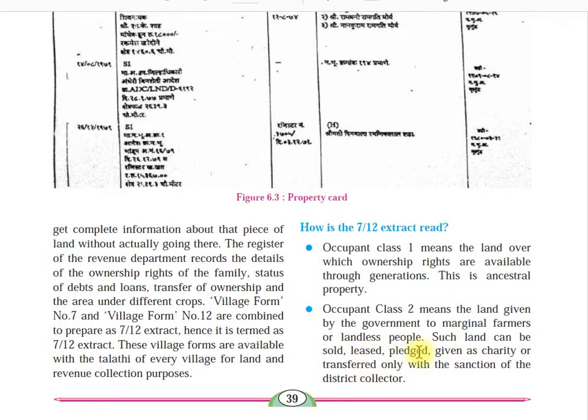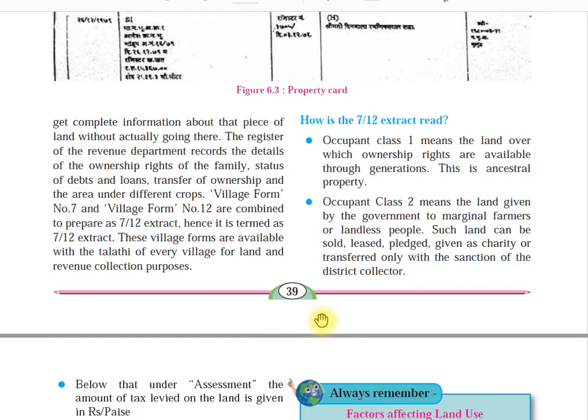So this land can be sanctioned only by the district collector, and that comes to be known as occupant class 2. Now we have got occupant class 1. What do you mean by occupant class 1? Who's the owner of the land from generations? And occupant class 2 means what? If the district collector permits, this is land given by the government to farmers, those who are landless people.